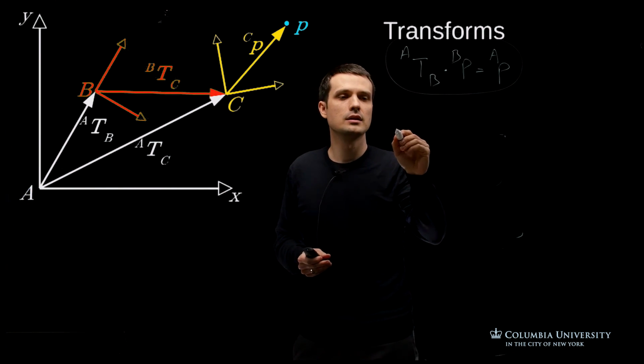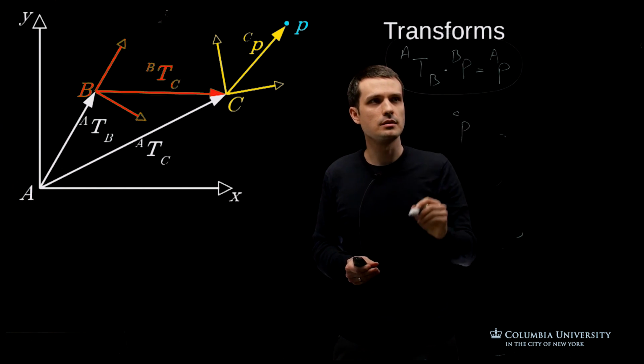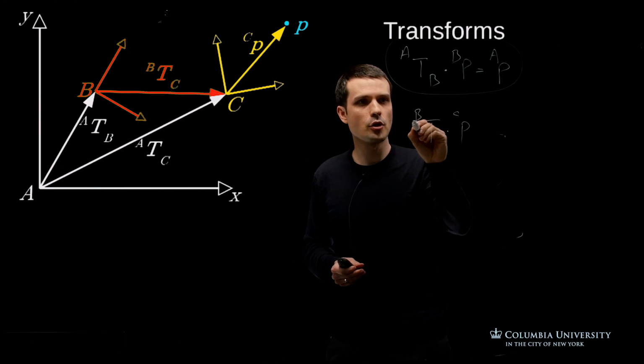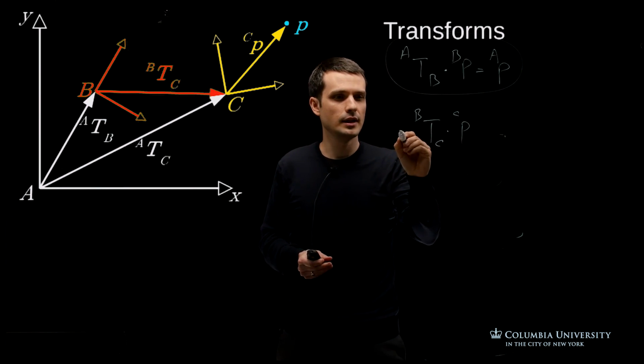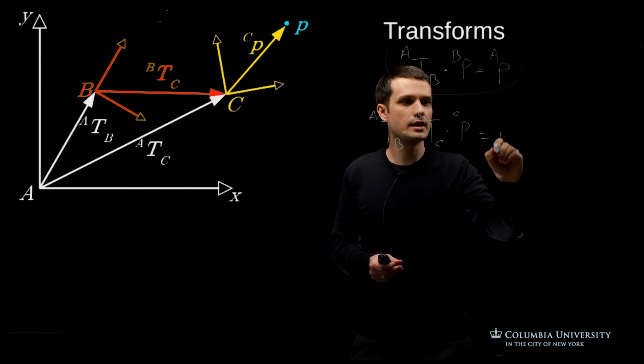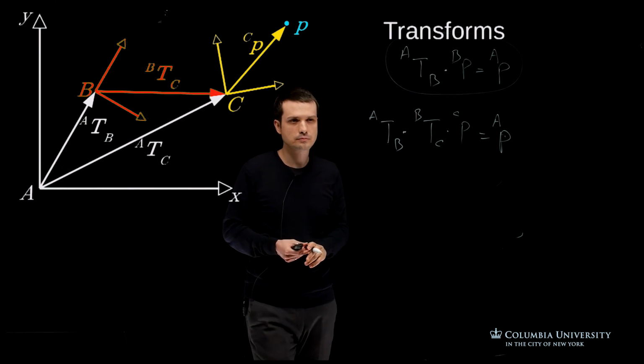If we take the point expressed in coordinate frame C, we left multiply by the transform that gets us from B to C. And then we left multiply that again by the transform that gets us from A to B. The result of that is the same point P expressed in coordinate frame A.